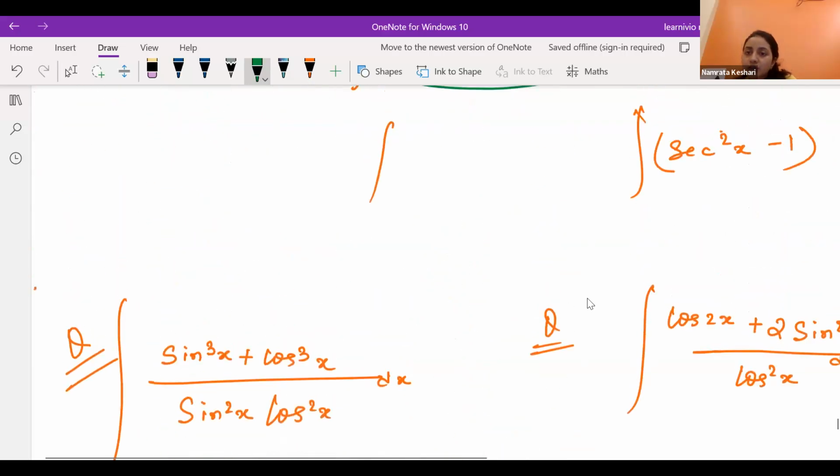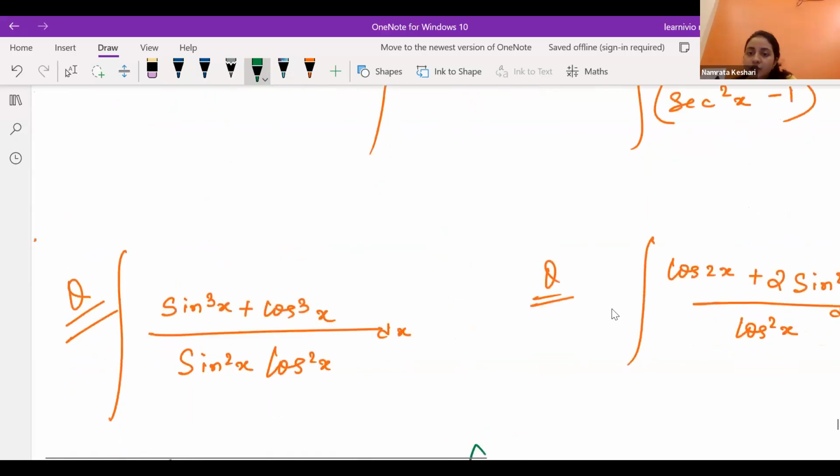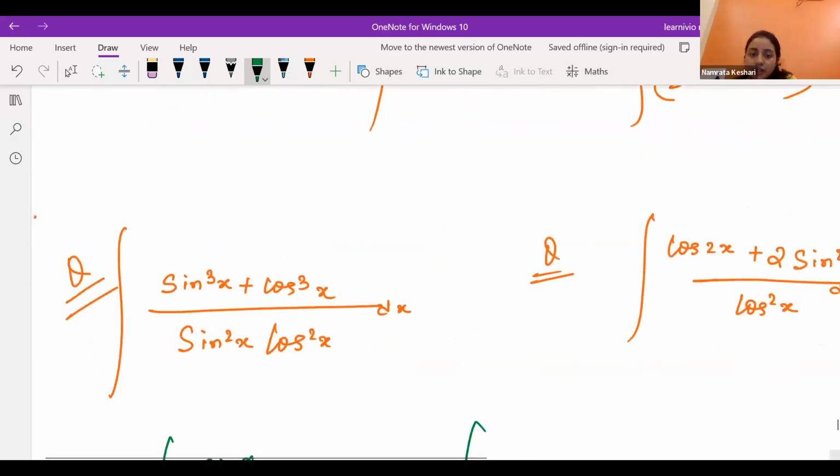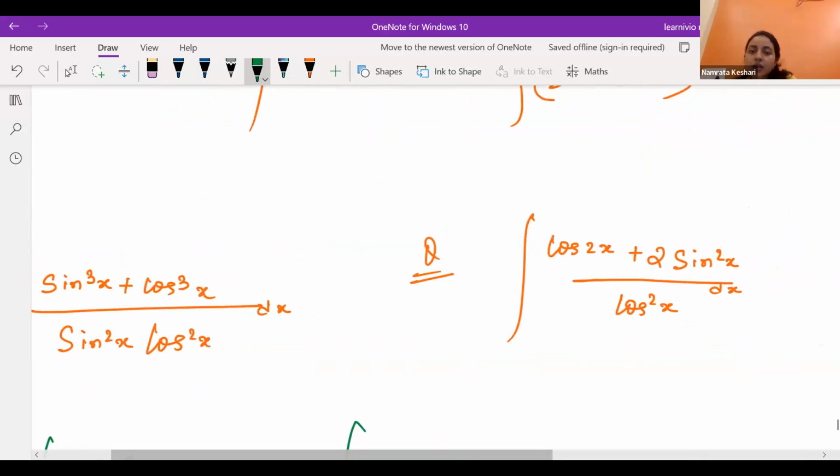Okay. Let's do this one. Cos 2x plus 2 sin square x.